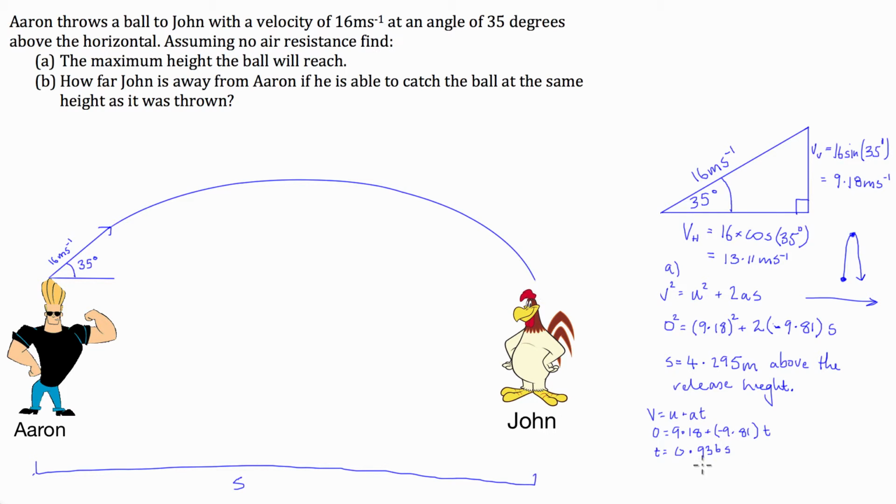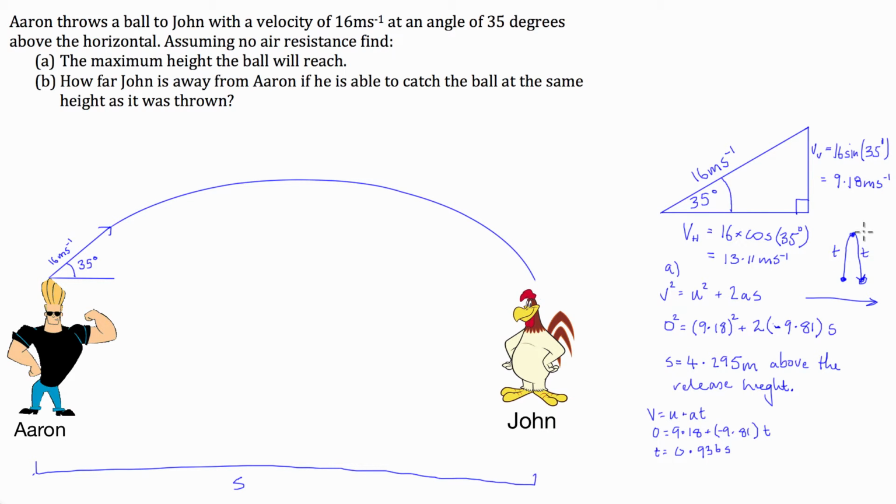Cool. So because parabolic motion is symmetrical, i.e. the upward motion of the ball is equal to the downward motion of the ball, the time that it takes to get from this point to this point is also going to be the time that it takes to get from this point back down to the ground again. So if this is t, this is also going to be t.